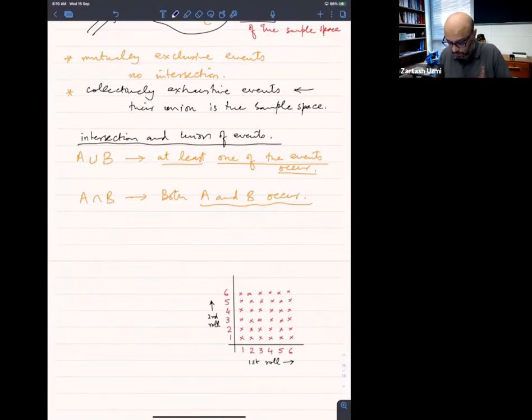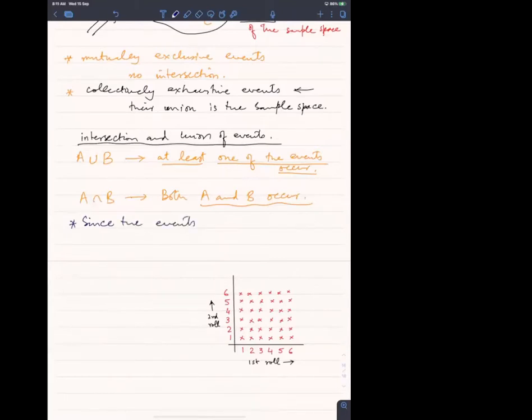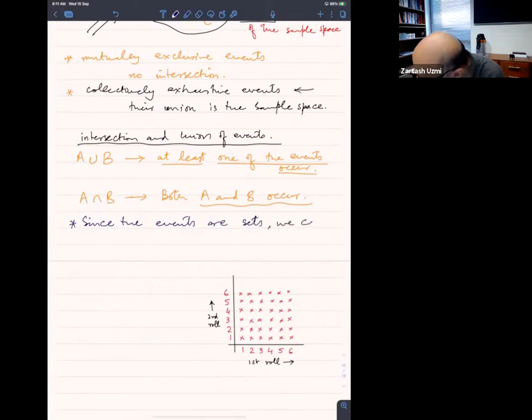Now, since the events are sets, we can perform basic set operations on events. We can perform set operations on events.